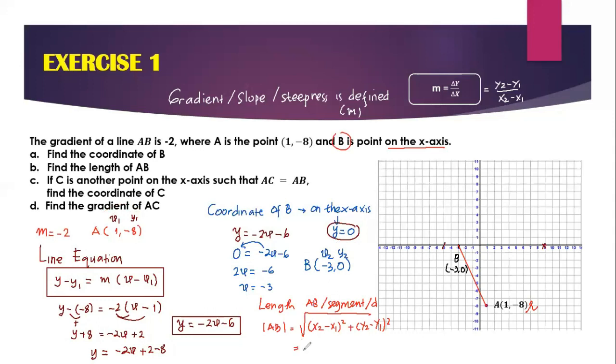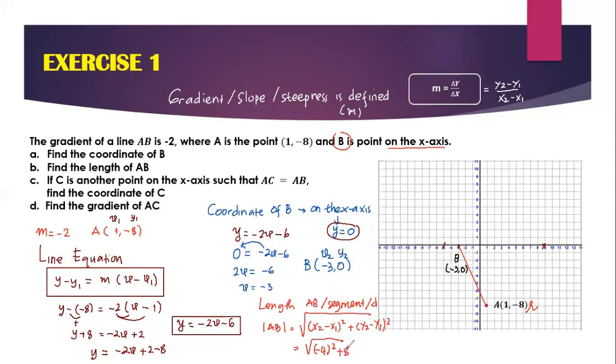Equals root of x2 minus x1, minus 4, right? Minus 4 squared. Sorry, I want to fix the writing. Minus 4 squared. What about y2 minus y1? 0 minus 8 will be minus 8, right?